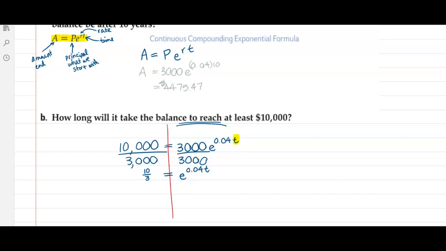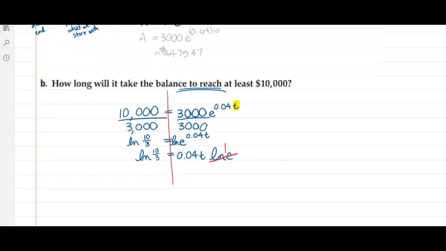Again, I need to get this t out of the exponent. And the only way to do that is if I take the natural log of both sides, so my exponent has a natural log to jump over. Natural log of 10/3 on the left equals 0.04t. That's my entire exponent. Natural log of e. But remember, the natural log of e is just 1, so it cancels out.